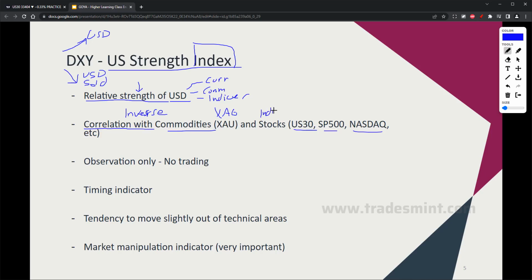So basically, if gold is going up, if silver is going up, usually USD should go down. USD will be sold to buy commodities, and USD will be sold usually to buy indices. All right, so it's usually always the inverse.